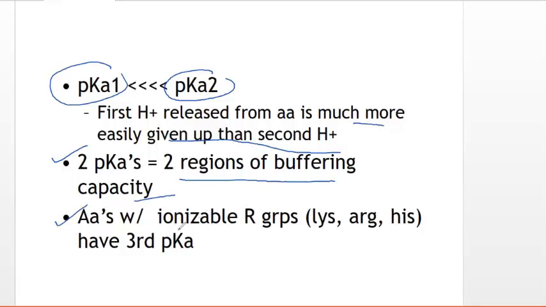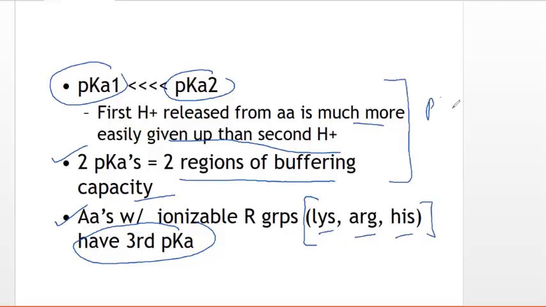third pK you can obtain when there is an ionizable group, like glycine is there, arginine is there, histidine is there, okay. So maximum amino acid having how much pK value? pKa1, pKa2, okay, and sometimes they also have the pKa3.